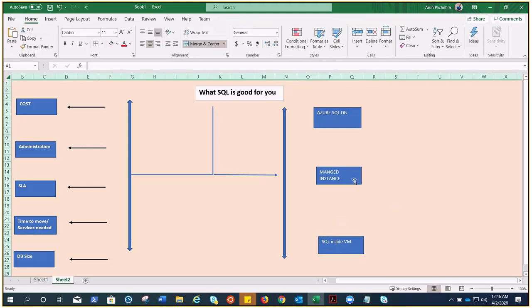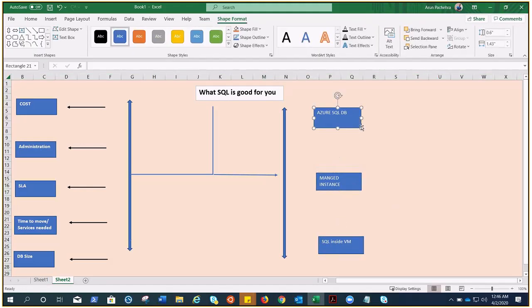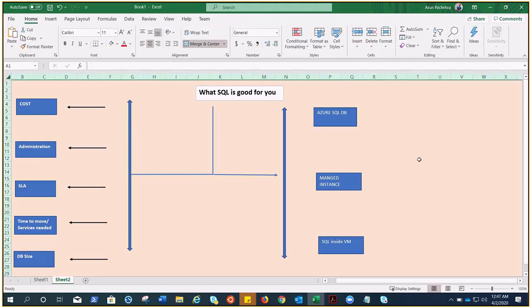We got these three options, and we need to compare them as per these categories along with a few others that are always there. For example, your business approach, your technical team approach, your application thing. But this will give you a very good idea of which SQL is good for you.